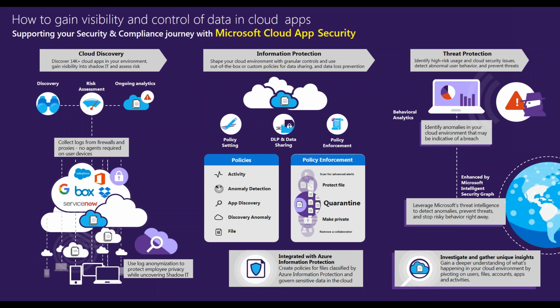So data protection helps you monitor and control your data in the cloud by gaining visibility, enforcing DLP policies, alerting, and investigation. And finally, we have threat protection. Threat protection allows you to detect anomalous use and security incidents. It uses machine learning, behavioral analytics, and advanced investigation tools to mitigate risk and set policies and alerts to achieve maximum control over network traffic.